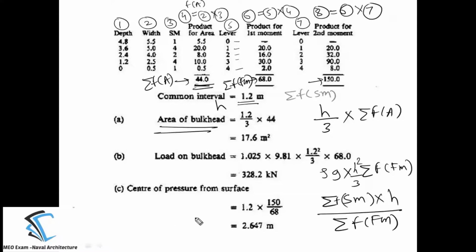So like this you can calculate the location of the center of pressure. This 2.647 is measured from the free surface. So this is the location of the center of pressure.